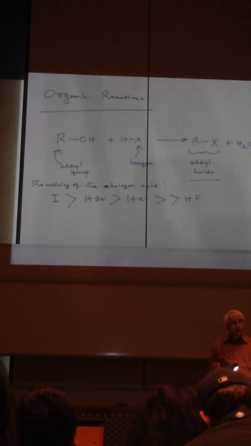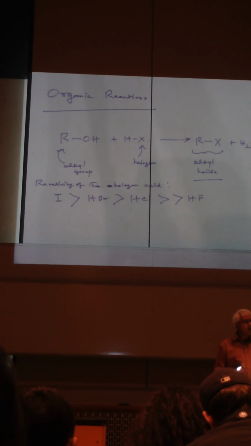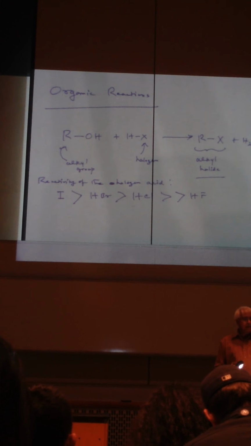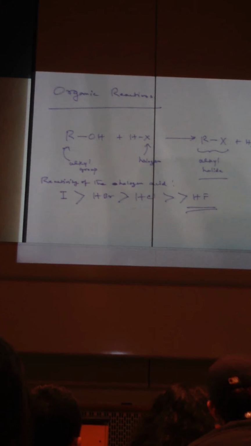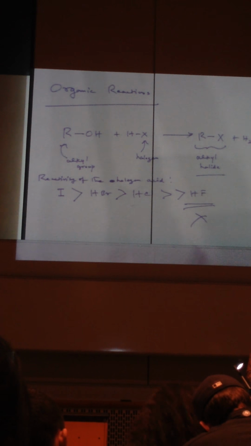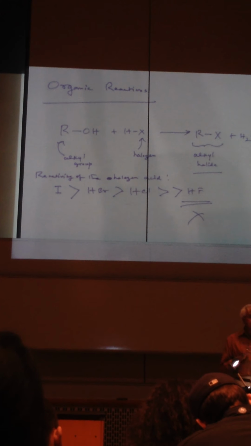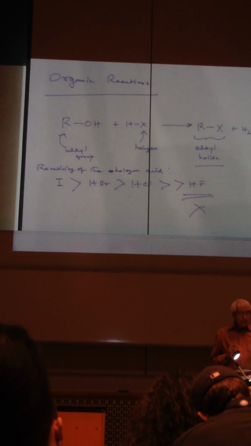So we see this pattern according to the periodic table. So as you go down, the reactivity increases dramatically. And HF really doesn't work very well in this reaction. The other three work, okay, but in this pattern.